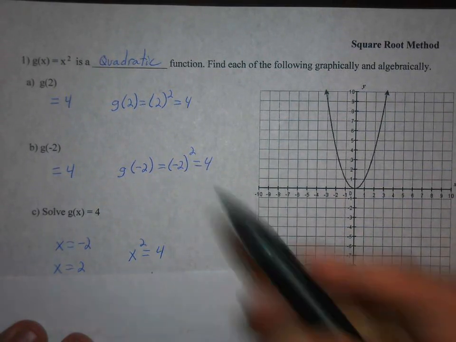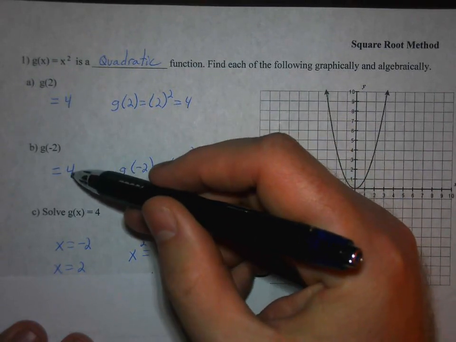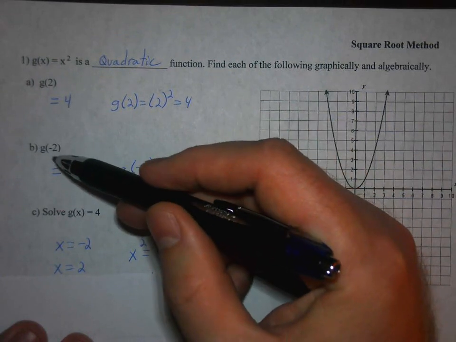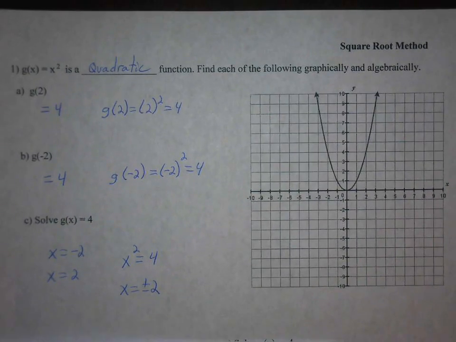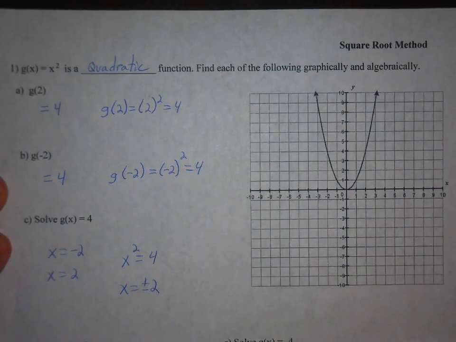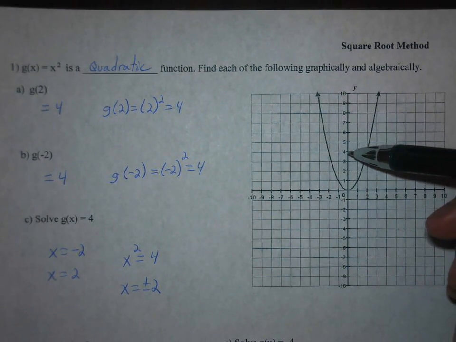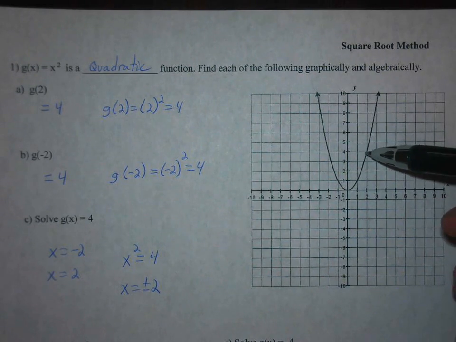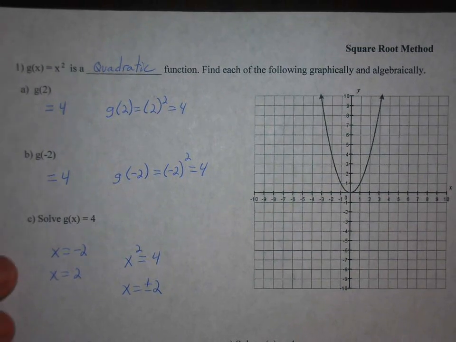We're essentially going backwards from that first question. So we get x equals positive or negative 2. Graphically, y equals 4 is right here, and that happens at 2 points, right here and over here. So that's when x is negative 2 or positive 2.